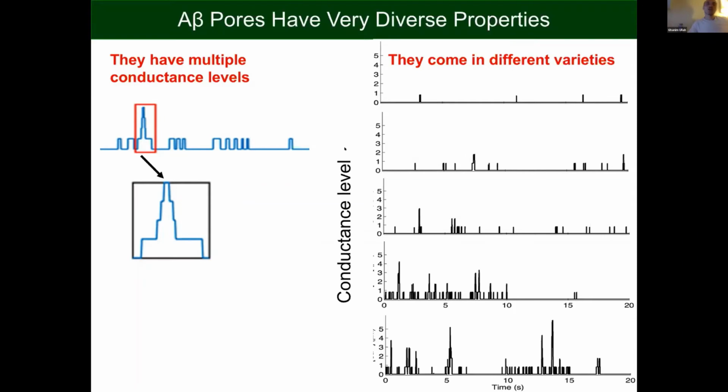But what's interesting is that the conductance levels and the open probability increase over time, and I'll show some statistics on that. When you first expose the cell to amyloid beta, these pores are extremely small, and they bring in just a tiny bit of calcium, and they open very rarely. But as time goes on, their open probability increases and their conductance increases significantly.